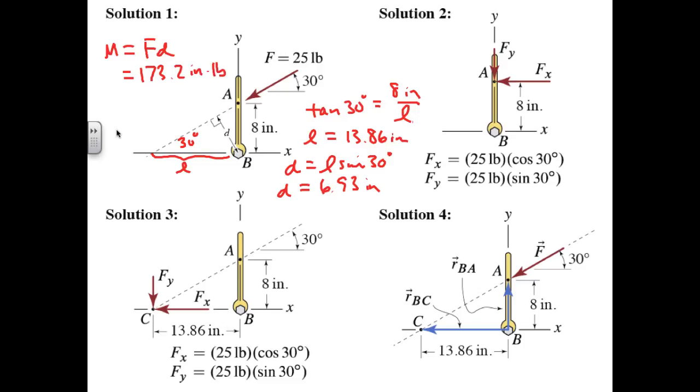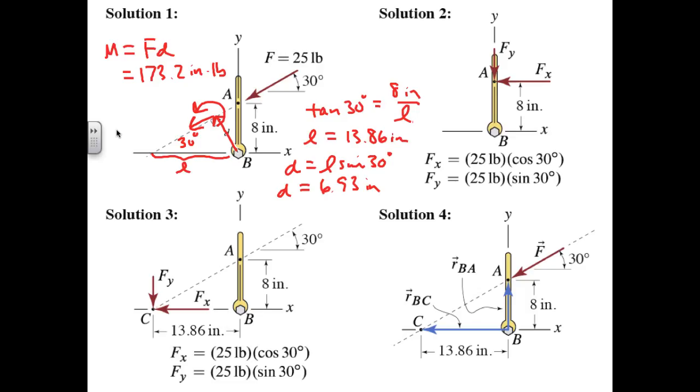The sense of the moment is determined from the right-hand rule. We would cross R into F this way, and that would give us a result that points out of the plane of the screen, and that would be in the plus z direction. So it would be a counterclockwise or positive moment.